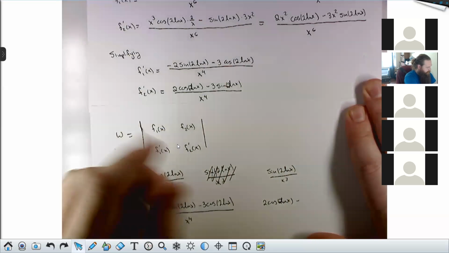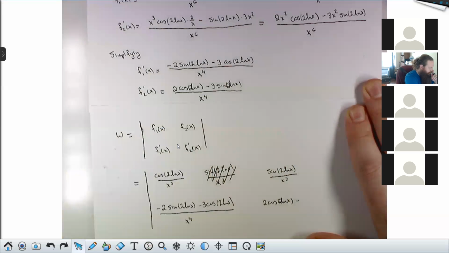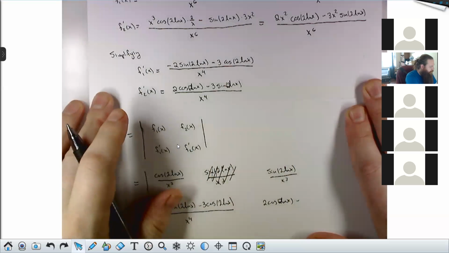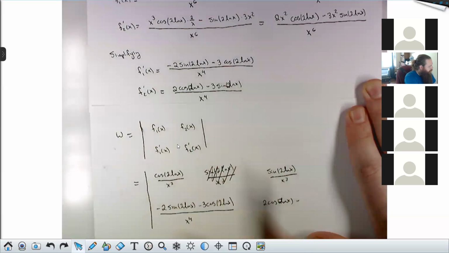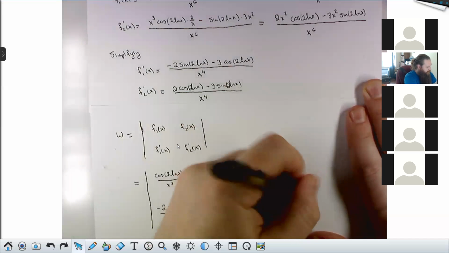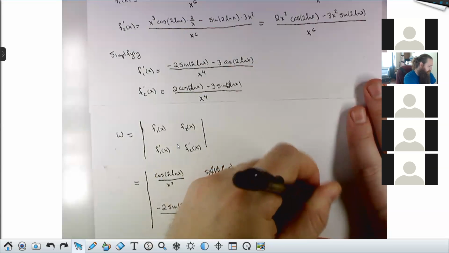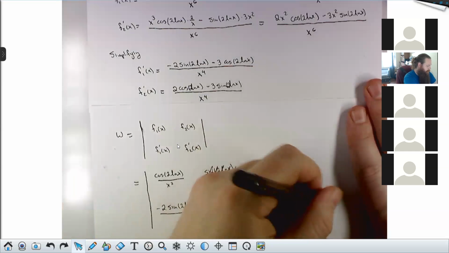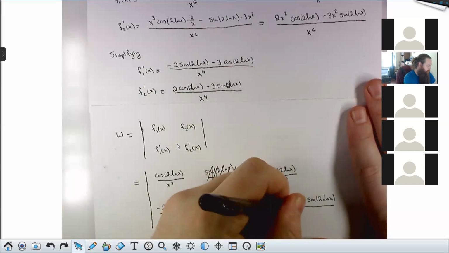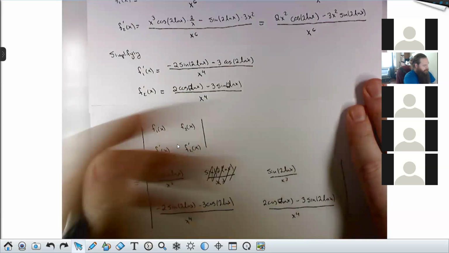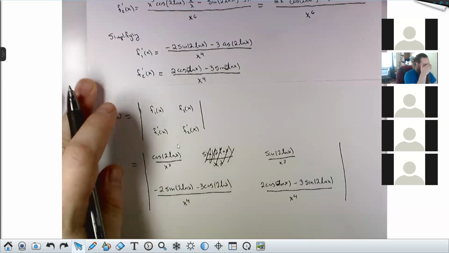Minus. I'm making a mistake in my product rule. No, it's okay. Yeah, we're good. Minus 3 sine 2 ln x over x to the 4. I'll do a more tame example after this.